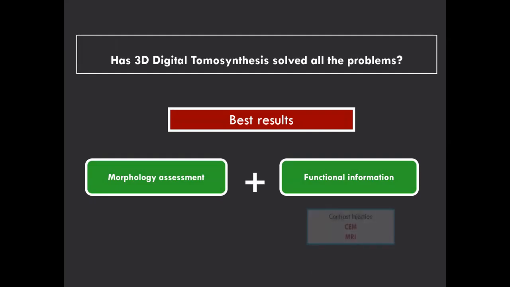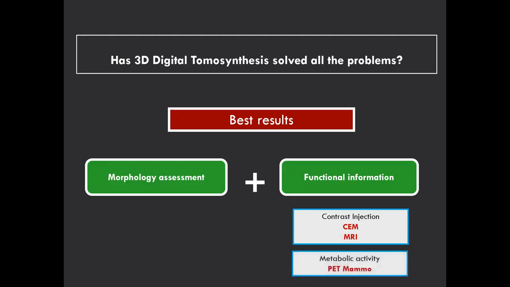This functional information might be obtained through the injection of contrast media, like what we do in contrast mammography and in MRI, or by assessing the metabolic activity of the tumor cells, like what we do in PET mammography. Tomosynthesis allows for an enhanced morphology assessment, but it gives us no additional functional information.